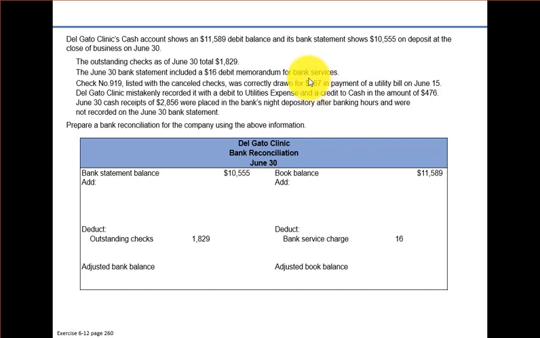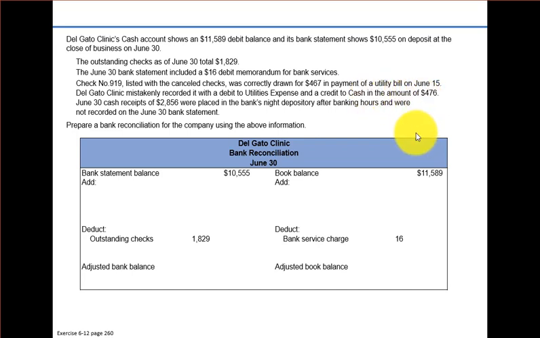The bank correctly recorded this at $467. We put it on our books at $476. So that's a $9 difference there. That's called a transposition error. That is, when you have a $9 difference in any situation, you've got what's called a transposition error. Now that $9, we took out too much cash.